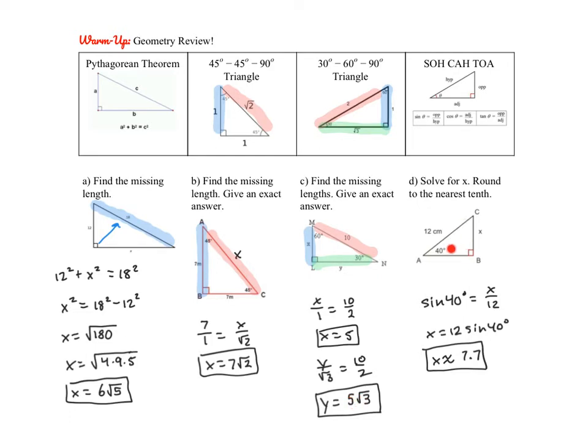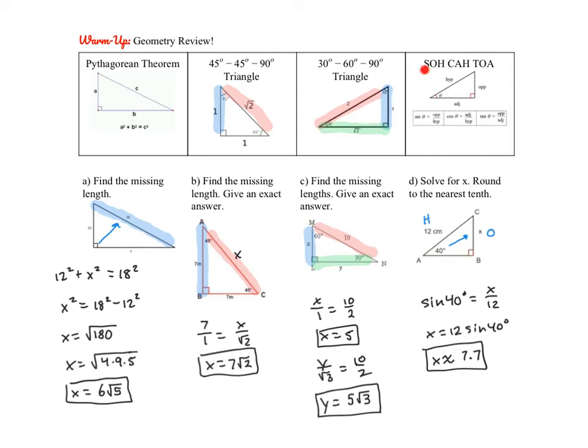And then the last one we can solve using SOHCAHTOA. Here it's not a special right triangle, but we do have an angle and one of the lengths. In this case, we have the opposite, because it's across from the angle we're working with, and we have the hypotenuse, because it's across from our 90-degree angle.